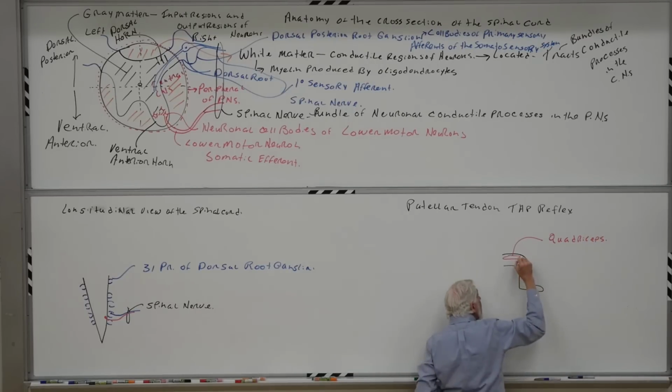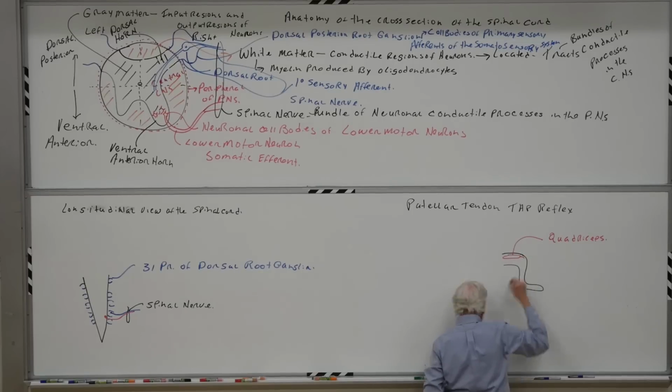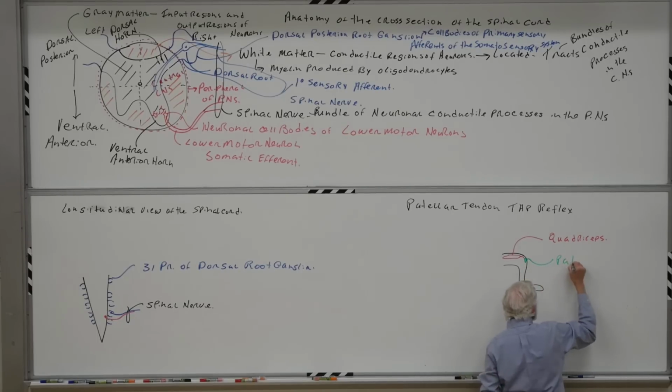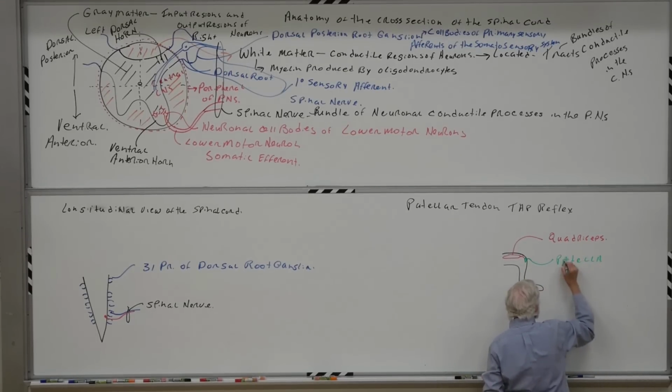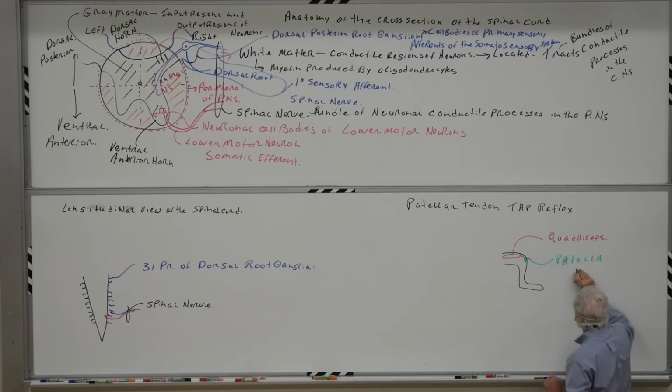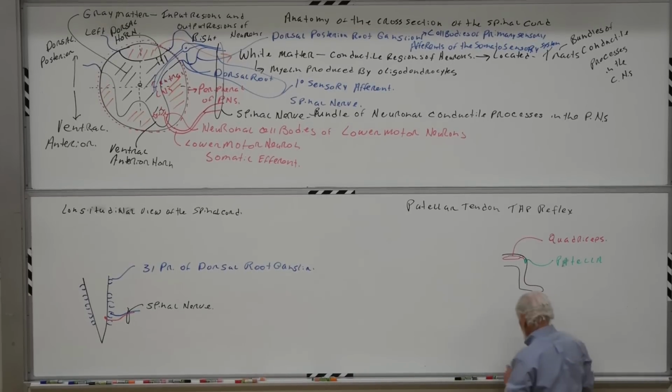The quadriceps has on it a tendon, and that tendon attaches to this little disc I'm going to show you here in green, which is meant to be the patella. We commonly think of the patella as the kneecap.